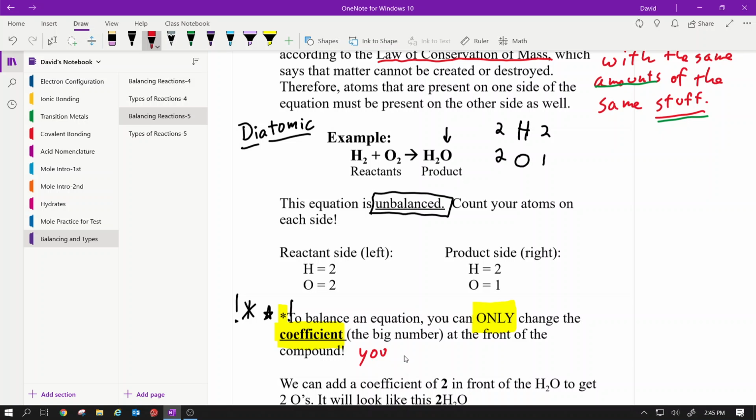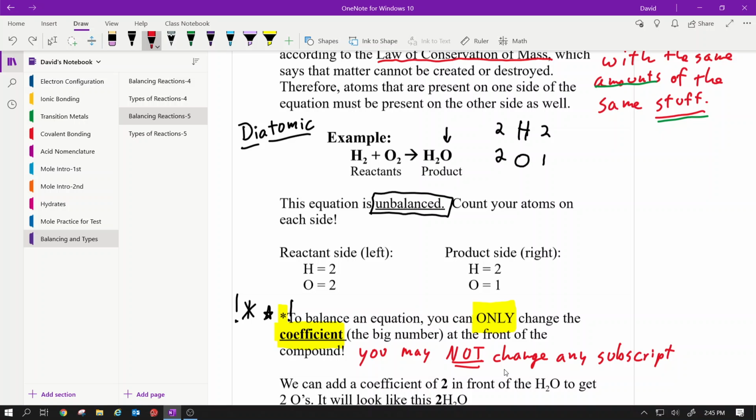You may not change any subscripts. What's a subscript? Yeah, the tiny number behind it. So that is it right there. That's a subscript. You may not change any of those.